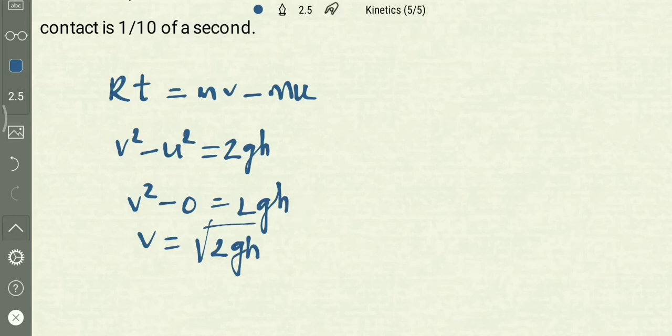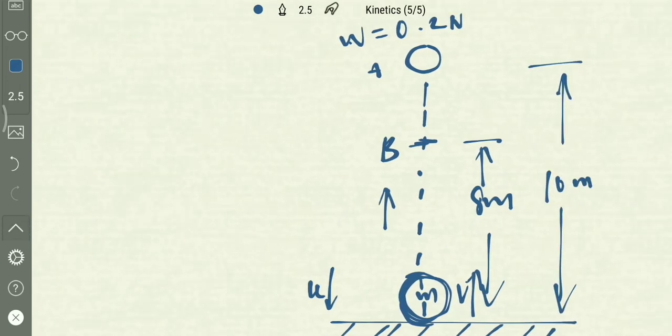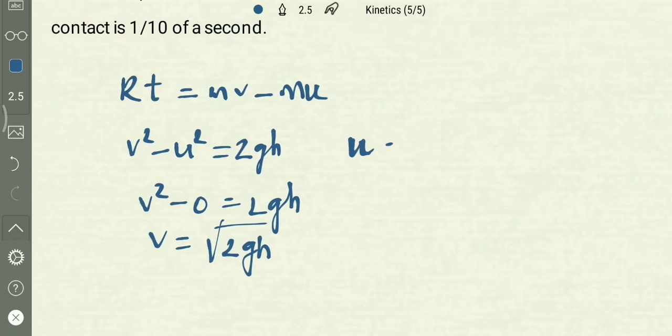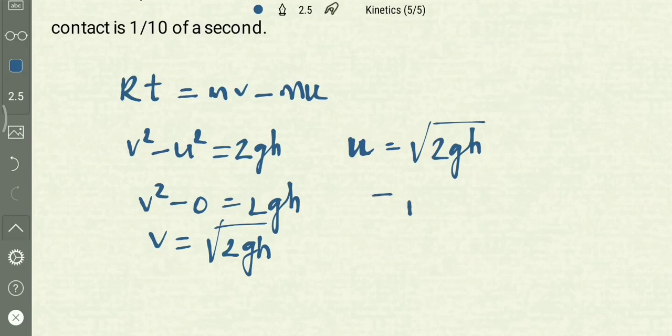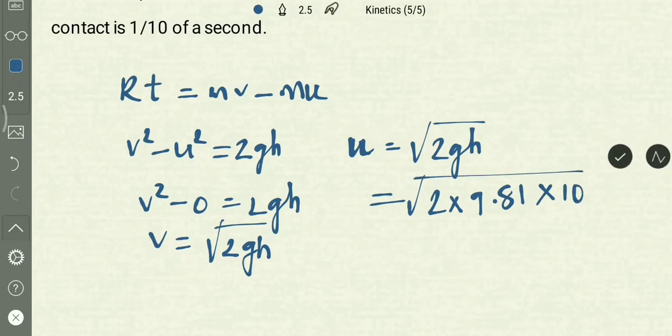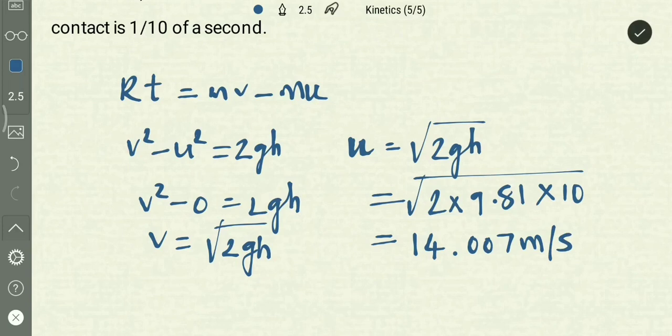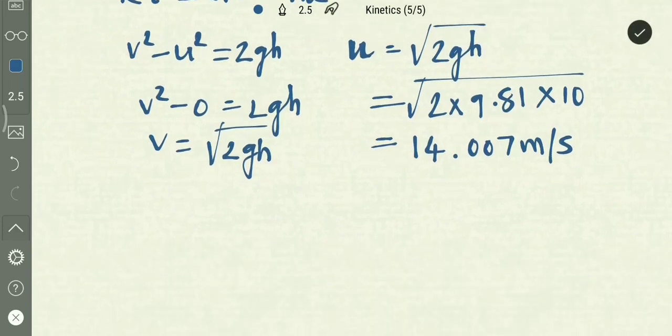Considering the 10 meter drop, u will be the final velocity. So u is equal to the square root of 2 into 9.81 into 10 meters, the height. So we get u as 14.007 meters per second. This is the initial velocity with which the body is hitting the ground.